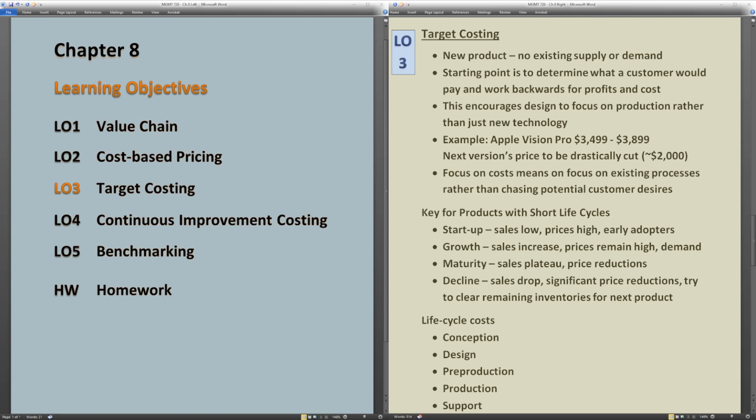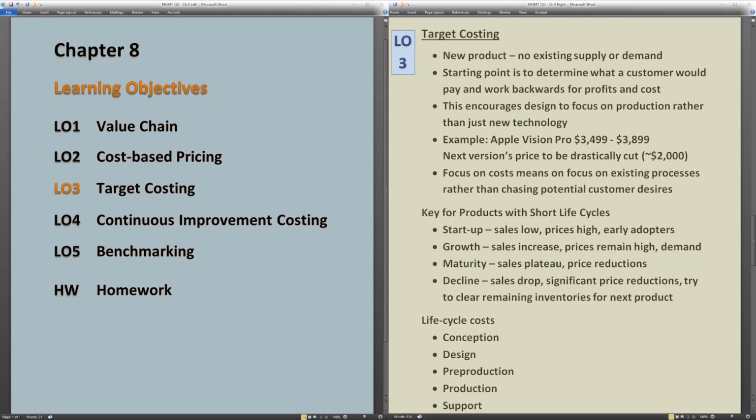So just FYI, there's always need for good managerial accounting. Target costing is also good for products with short life cycles. And that's just because of the whole up and down of the cycle. You can get some information back. It's not necessarily for long-term products where you would have to do a little bit more calculating and figuring.